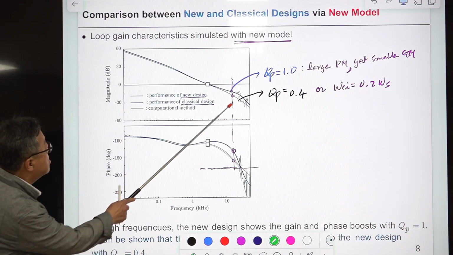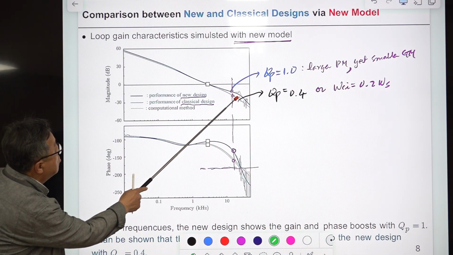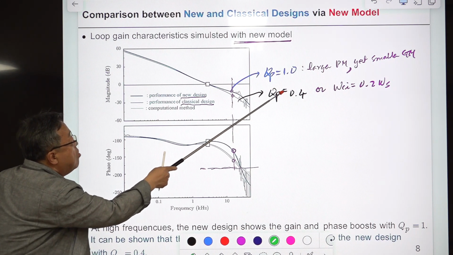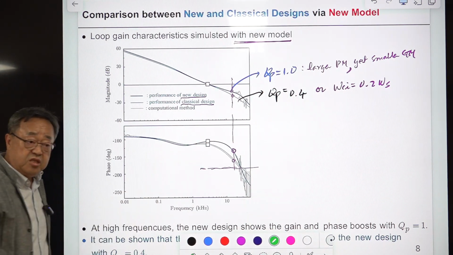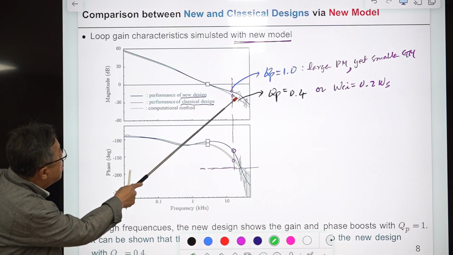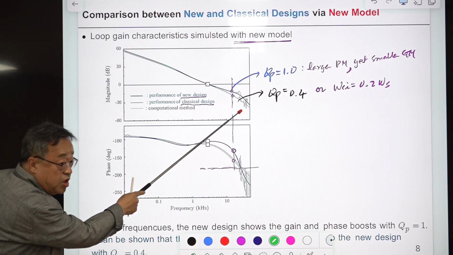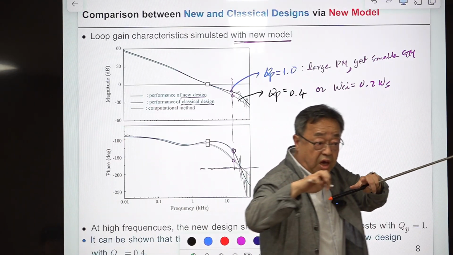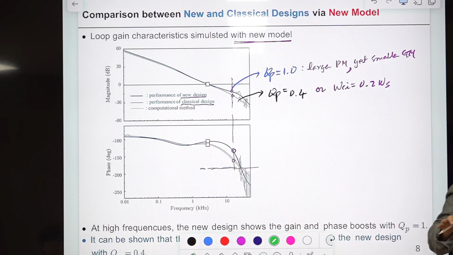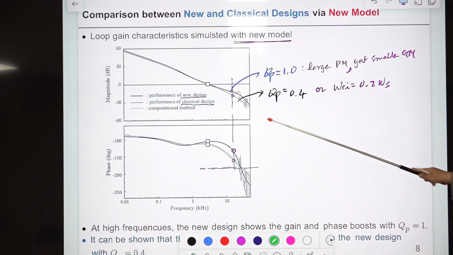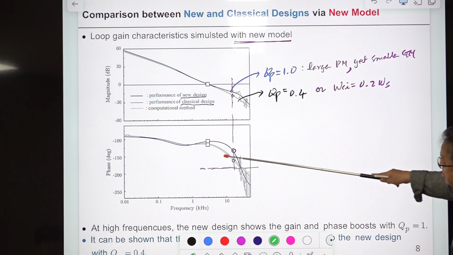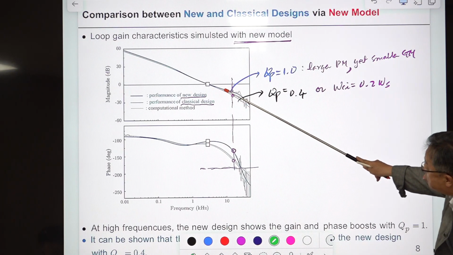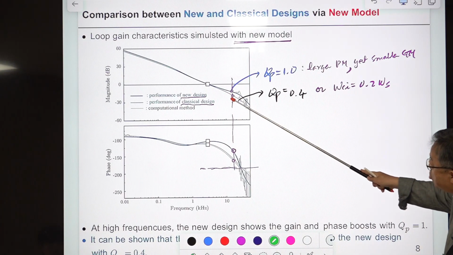So it shows peaking with this QP, and with this smaller QP, which is smaller than 0.5, that peaking double pole is not shown here. Maybe the double pole is split into 2 real poles, and you are not seeing any peaking around that frequency. So it goes smoothly, but phase is affected. Okay, phase is affected, and the slope is changing, but peaking is not showing up here.